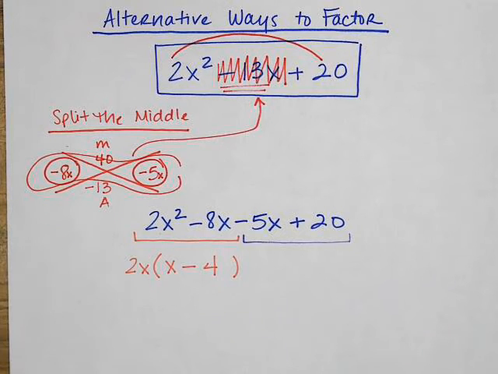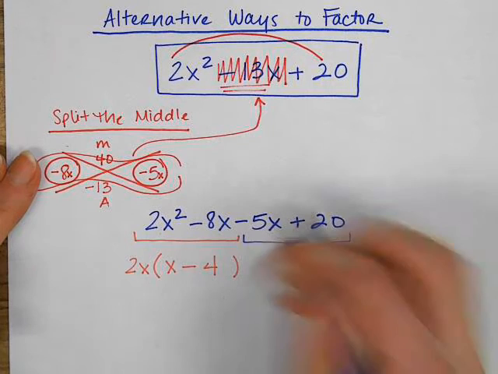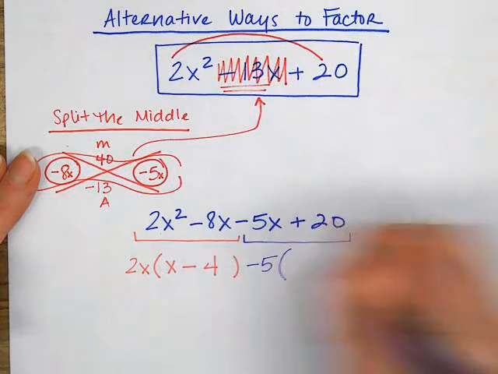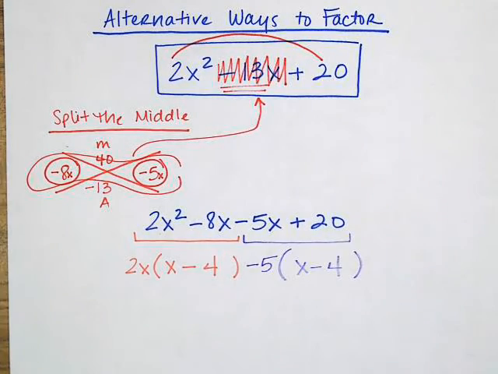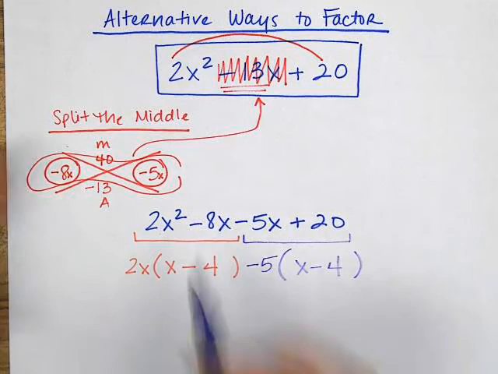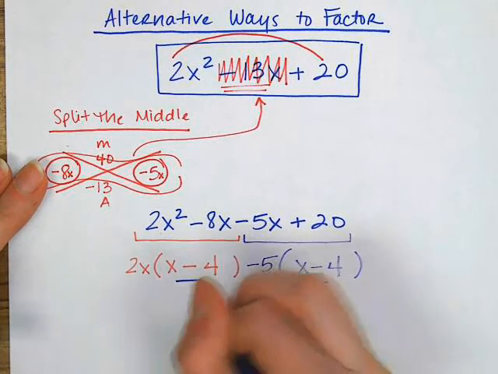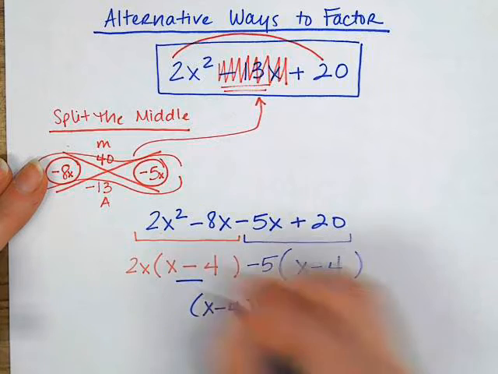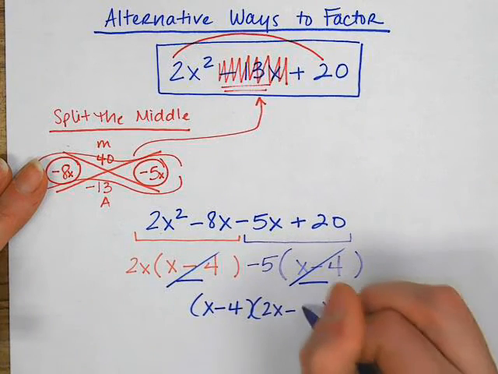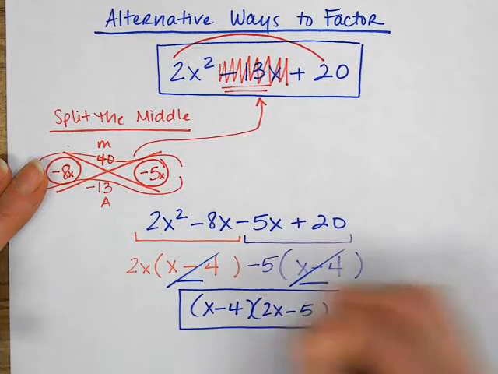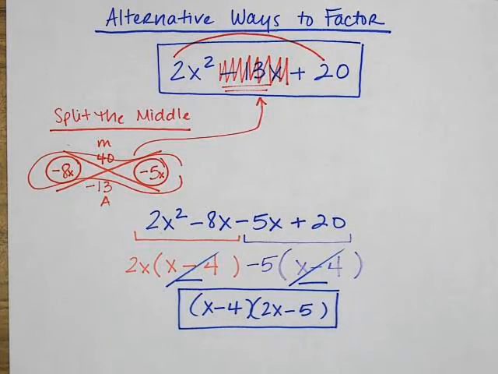Then you take the GCF of this pair, which is negative 5, and you're left with x minus 4. They both have that x minus 4, so you take that common factor out, and the remaining parenthesis is 2x minus 5. This is actually the same thing as the box method. It's just written out differently.